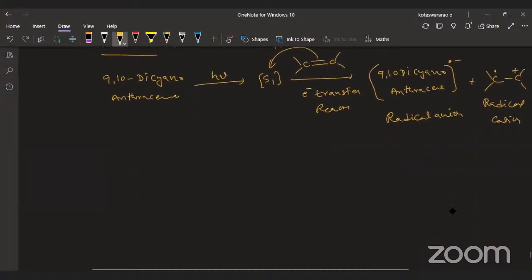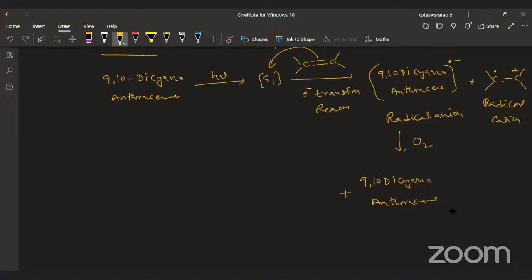This radical anion further reacts with singlet oxygen. The electron is transferred from the radical anion to this oxygen. 9,10-dicyanoanthracene is generated as its neutral molecule. Then it leads to the formation of a radical anion.